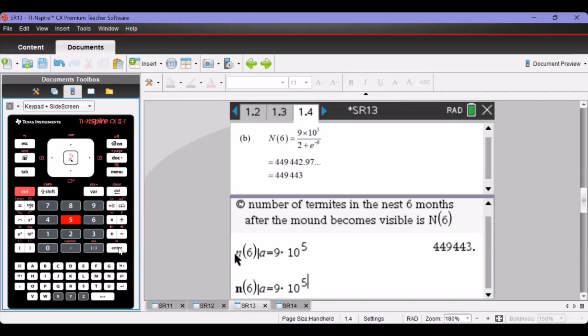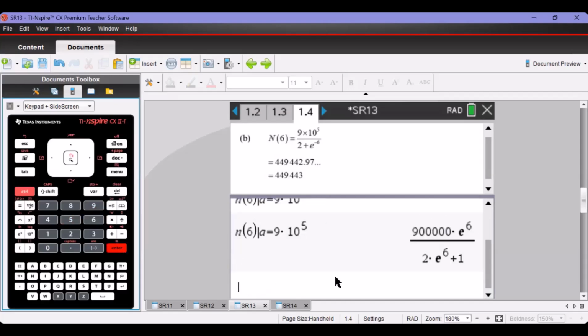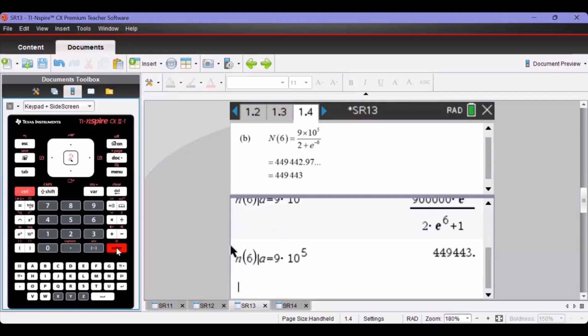And notice that you get an exact answer. Now, that's not what we want. In this instance, when we want a decimal answer instead of the exact answer, you can press Control Enter, because above the Enter button there's the approximately equal sign.